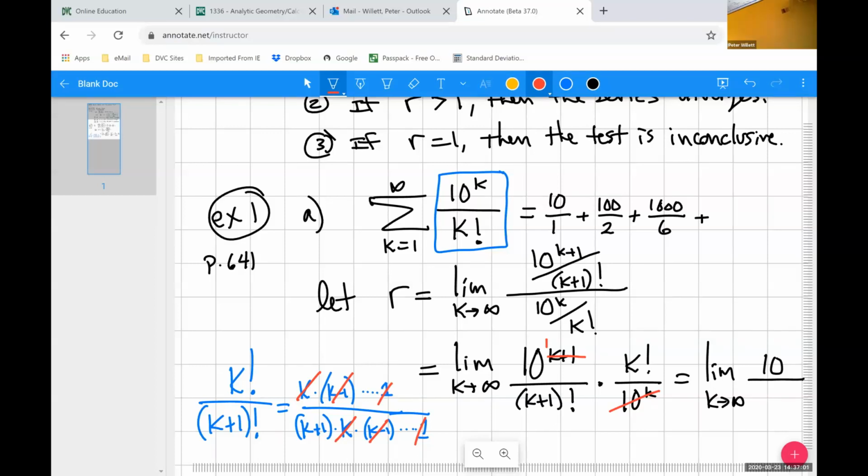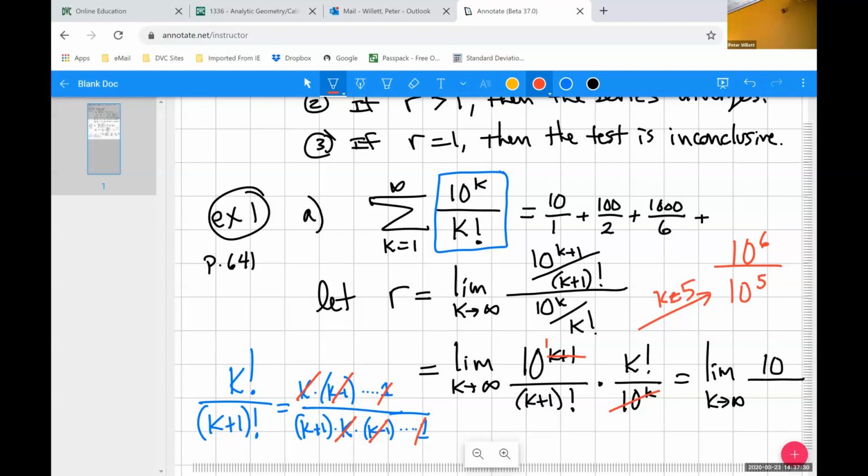Okay, absolutely. So let's say we had some number for k. So let's say k was 5. So then I would have 10 to the 5th in the bottom, and I'd have 10 to the 5 plus 1, or to the 6th, in the top. Does that make sense? So this is if we say k was equal to 5.